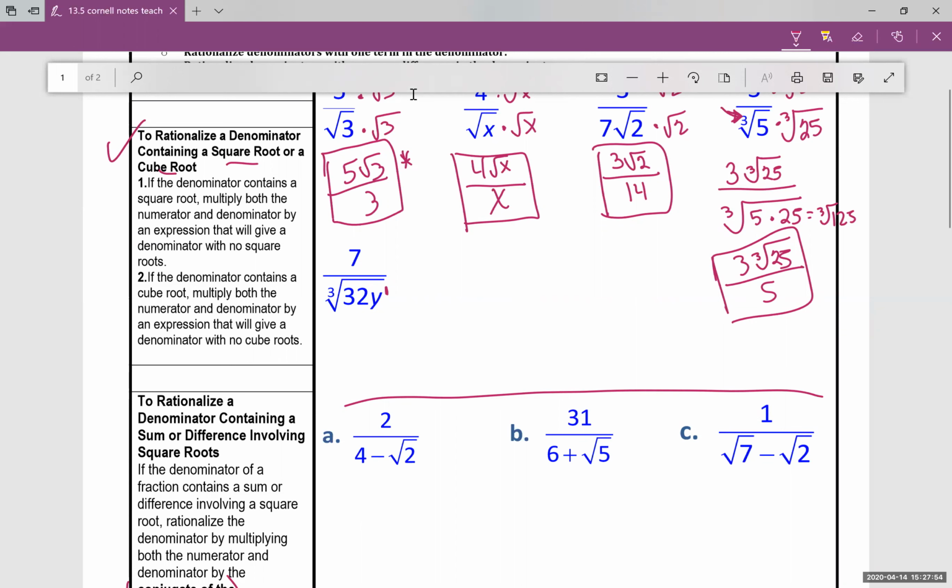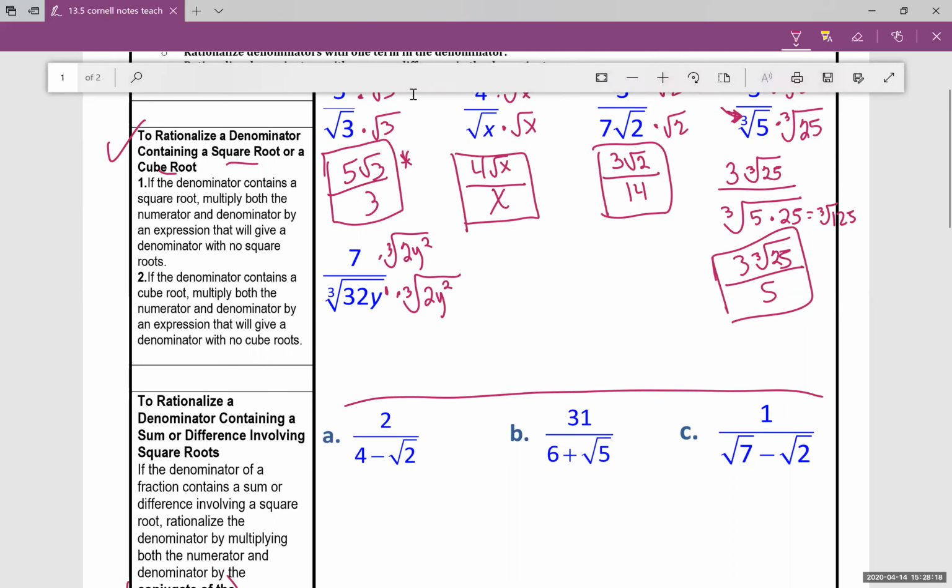Then you have 64. Ooh, 64. So if I could get this 32 into a 64, and this y to the 1 up to y to the third, I'm going to multiply times the cube root of 2y squared.